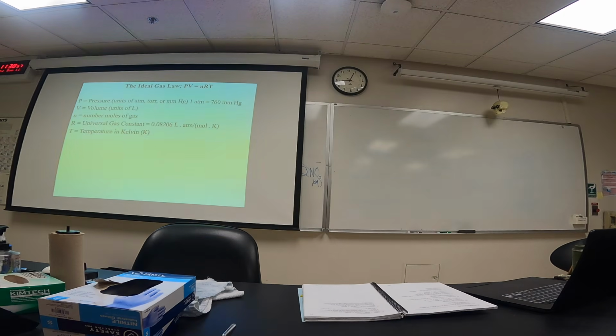So 1 atmosphere, if you're standing at the beach, toes in the water, you are at 1 atmosphere. But as you go up in elevation, that atmospheric pressure decreases. As you go down in the water, that pressure will increase. The other unit here, mmHg, translates to millimeters of mercury, and that's also pressure.